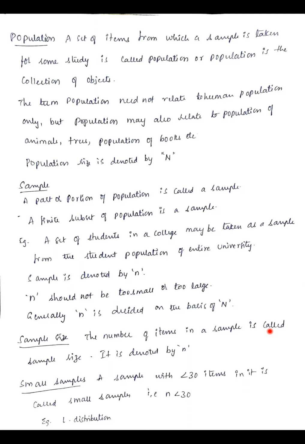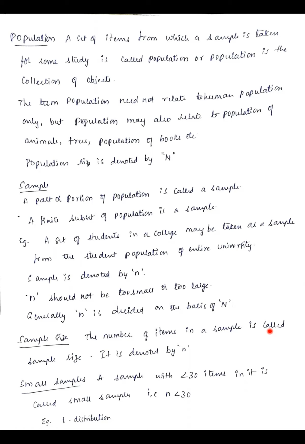The population size is denoted by capital N. And next one is the sample. A part or a portion of a population is called a sample. The entire set of objects is known as a population, and a part or portion of the population is called a sample.